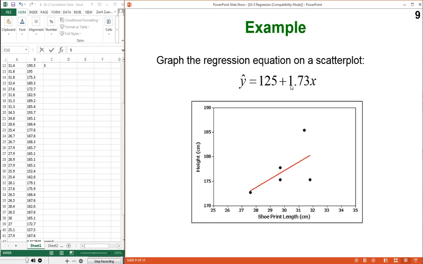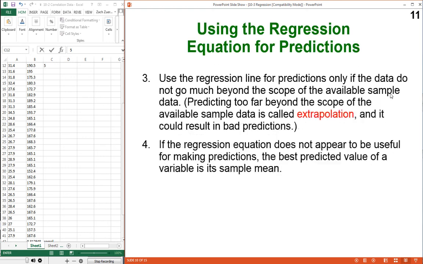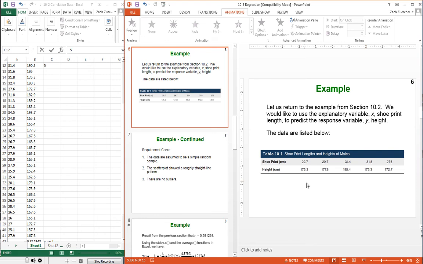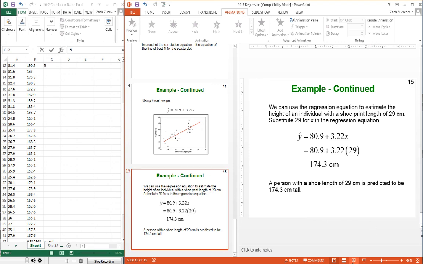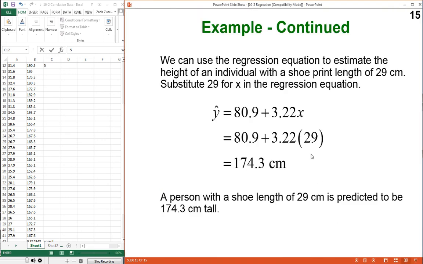Equations like this, where you have the intercept and the slope, you can use for some pretty decent prediction, just like we did here at the end. Okay, there you go, 10-3 regression.